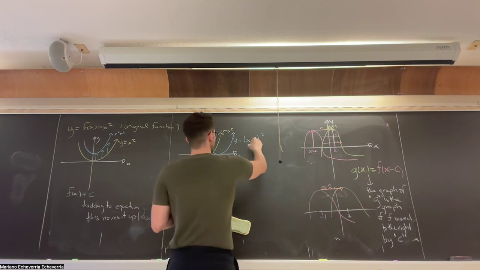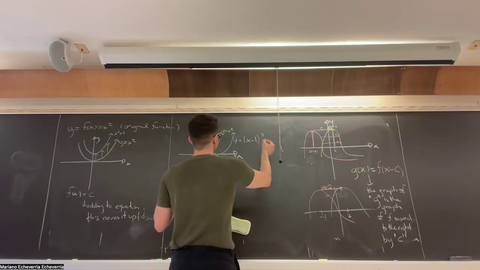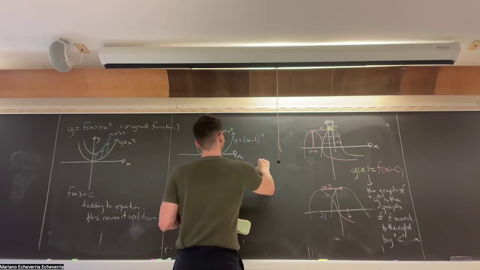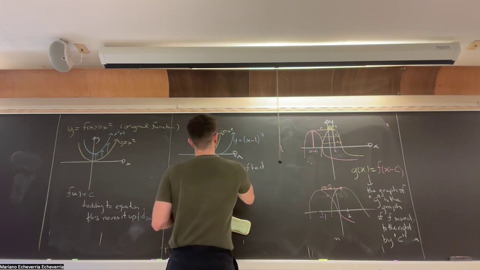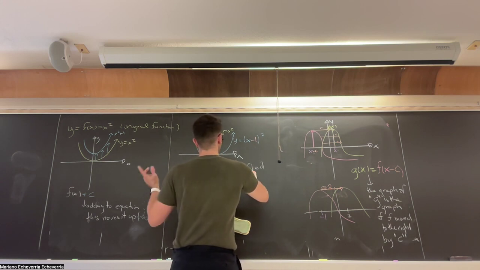So in this case, when you shift to the right or to the left, is x the one that gets subtracted or added? Let me actually do it in a second with algebra.